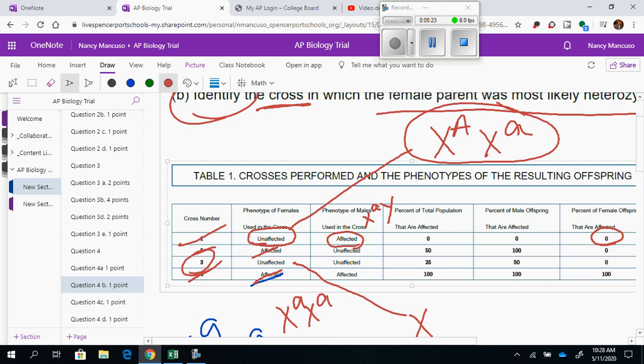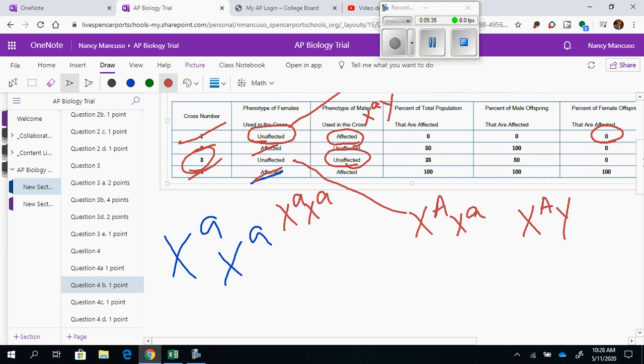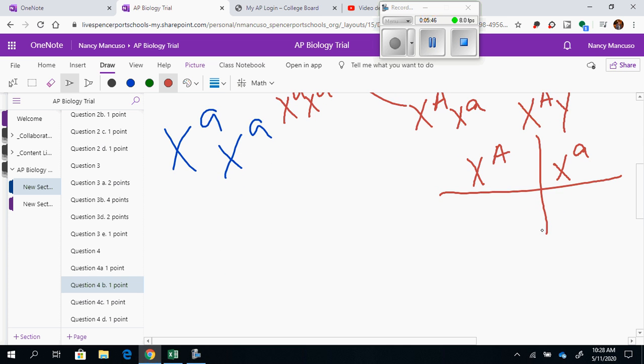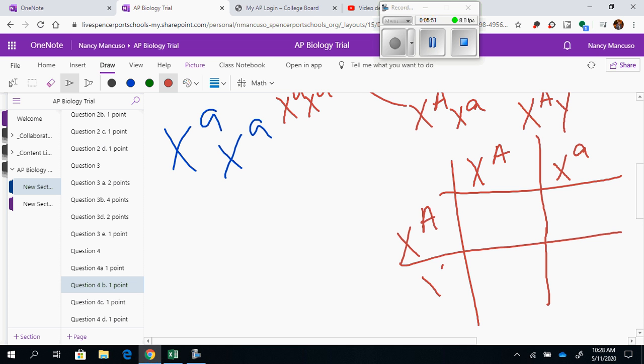So if my female is X big A, X little a, and dad is unaffected, so dad is X big A Y. If I did the cross, so I go down here, X big A, X little a, X big A, Y. If I do the cross, this is a girl and she's unaffected.